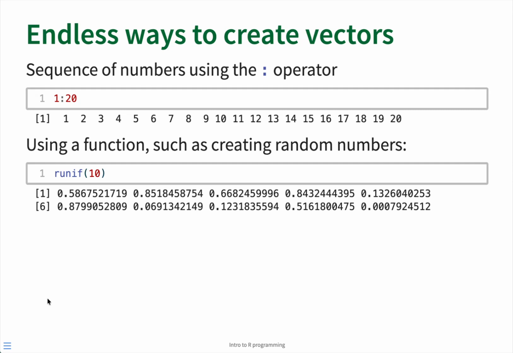And there are lots of functions that will create vectors. For example, here's one that creates a vector of random numbers. It's called runif, and when we say 10 inside the brackets of the function, that gives us 10 numbers in the output. In this particular case, they will be 10 random numbers between 0 and 1.